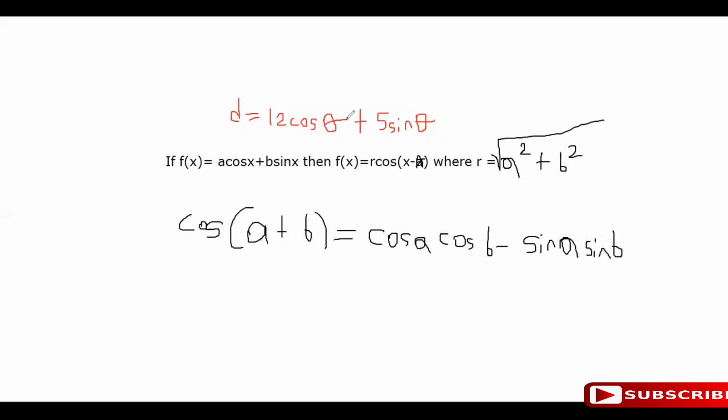So what I'm saying is this right here, this at the top, which is 12 cos theta plus 5 sine theta, can also be written in a similar form to this.